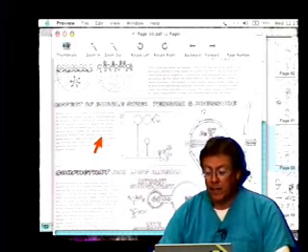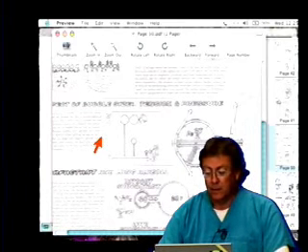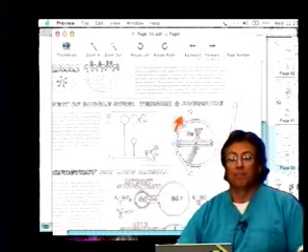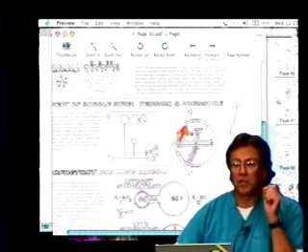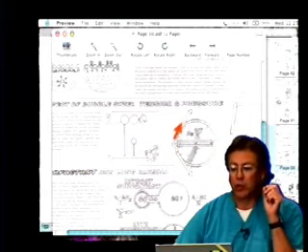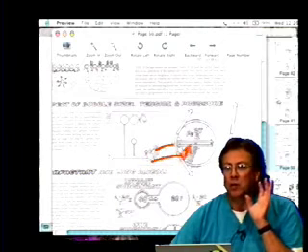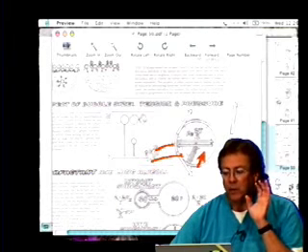So here's a bubble. You can think of this as an alveolus, kind of a circular shaped structure, and there's an alveolar duct coming into it, so air is coming into it.